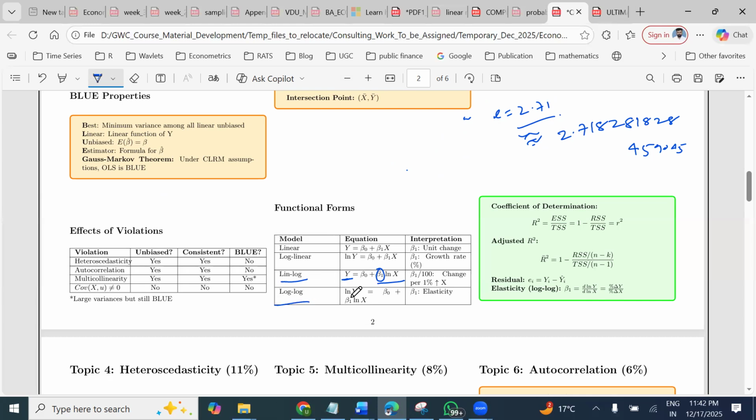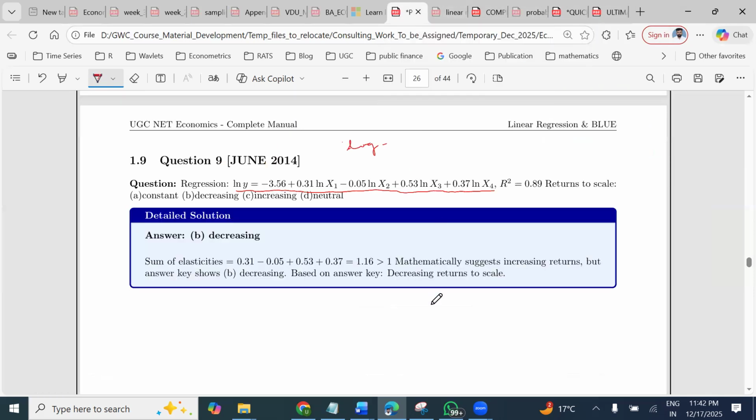Then the log-log model. One benefit is that beta 1 directly represents the elasticity. So in the production function, we will come back to our original PDF. Can you see the purpose of why I told you the different functional forms?